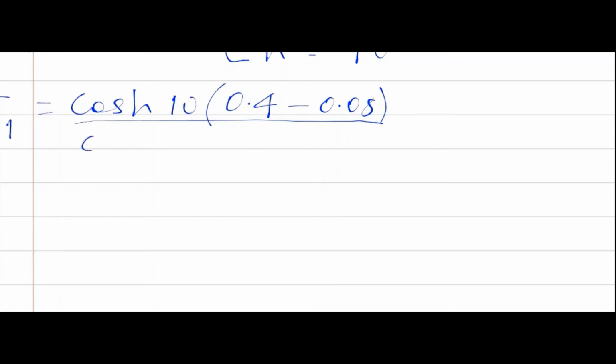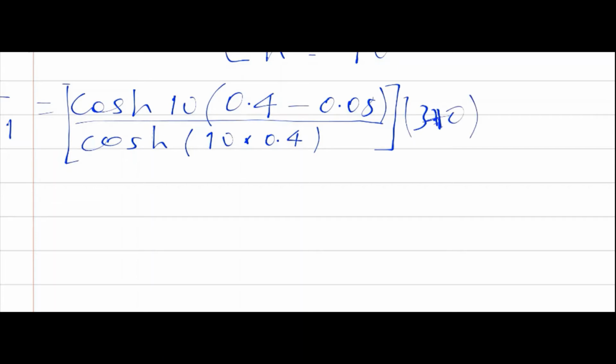Okay, proceed. So T1 is equal to cosh of m, which is 10 here, times the length 0.4 minus 0.08, that's the first node, 0.08 meter from the base, over cosh of 10 times 0.4, that's the length, times 370, that's 400 minus the ambient temperature, plus the ambient temperature 30.